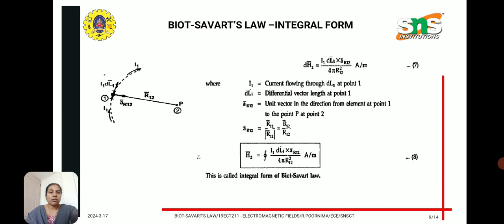This is written for the magnetic field intensity at a point P. So dH2 equal to I1 dL1 cross a R12 cap divided by 4 pi R12 squared. I1 is the current flowing through dL1 and dL1 is the differential vector length at point 1. So using this, H2 is calculated using the integral form.